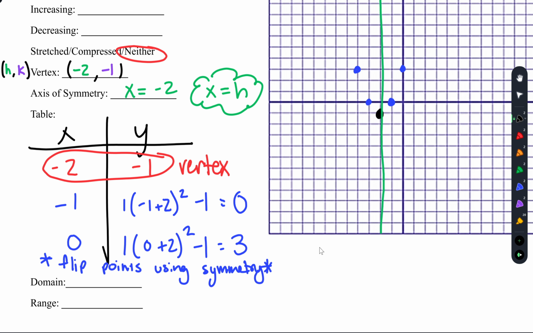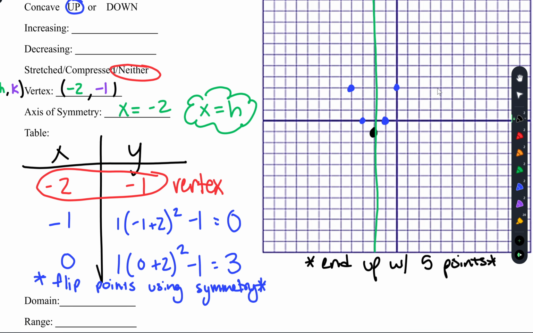All of our graphs should end up with 5 points. And once we have our 5 points, we can go ahead and draw in our parabolas.